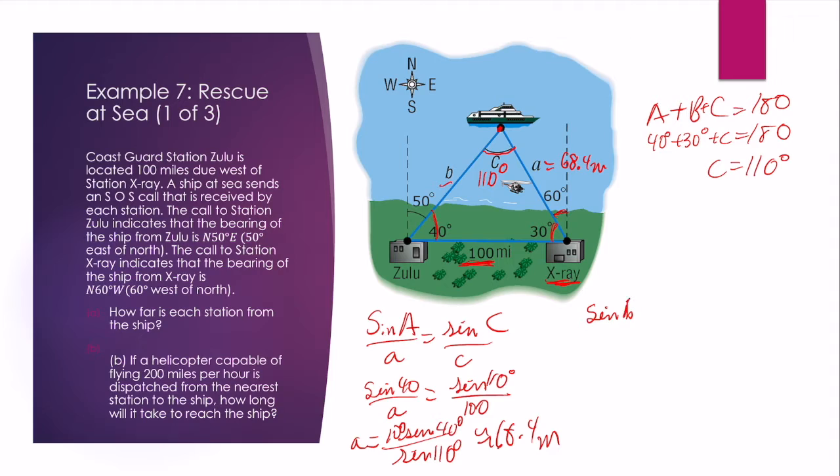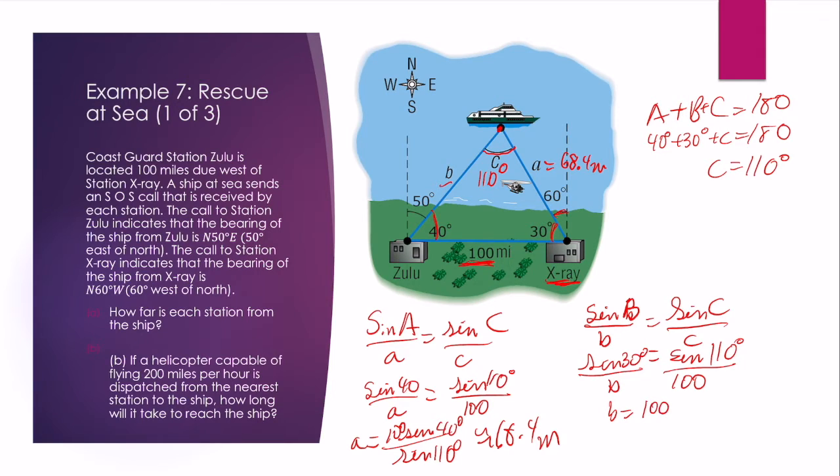Sine of B over B equals sine of C over C. So sine of 30 degrees over B, which is unknown, equals sine of 110 degrees over 100. So I get B is 100 sine 30 degrees over sine of 110 degrees, which is about 53.21 miles.